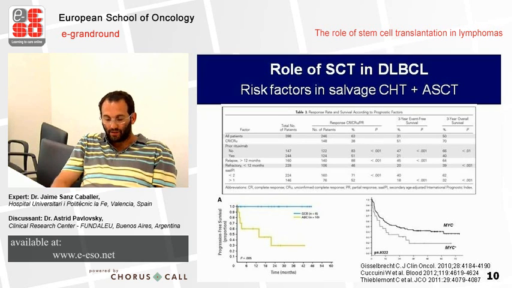Further analysis of these patients identified the activated B-cell type and germinal center B-cell type with overexpression of MYC as pathologically unfavorable disease.